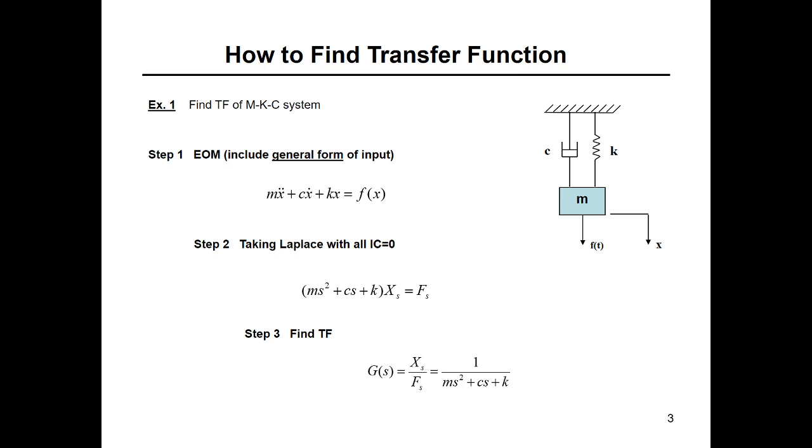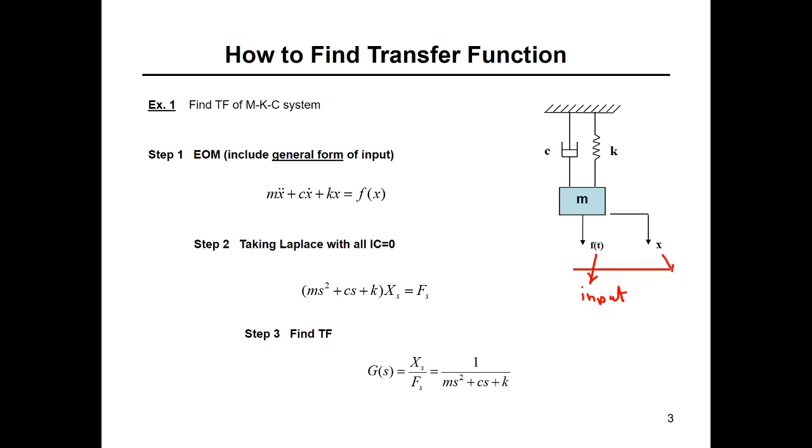Find the transfer function. From now on, whenever we ask for the transfer function, the question should be clear about what the input and the output of the system are. The input here is f of t, the external force.